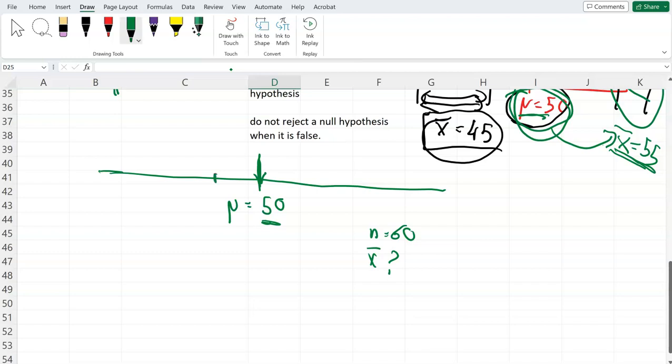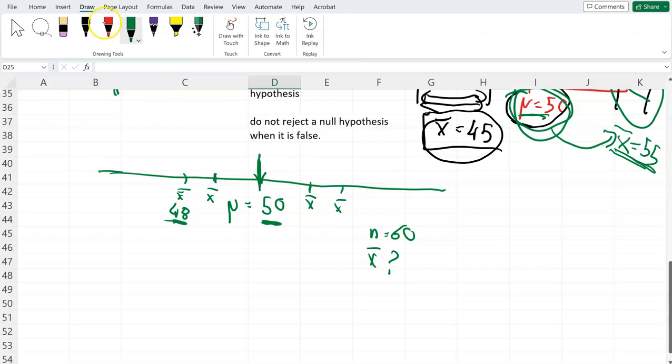Maybe an x bar may be here, or here, or here. So we think there may be a certain range within which we will say that, even though the x bar is 48, that is still close to 50, it's not that different from 50, so the population mean has not changed much.